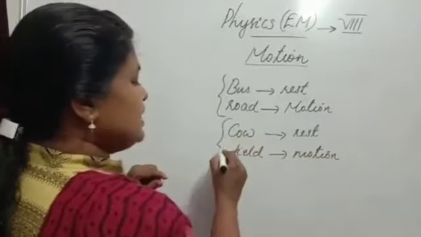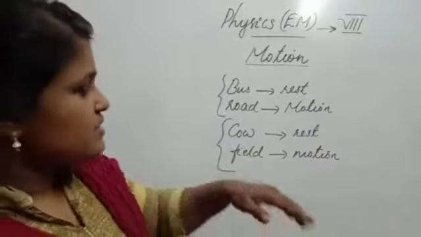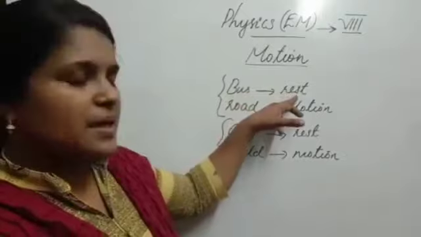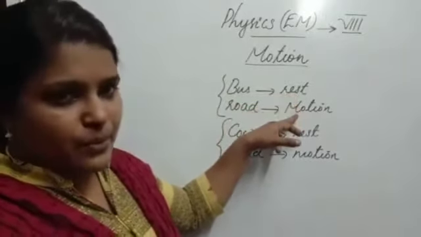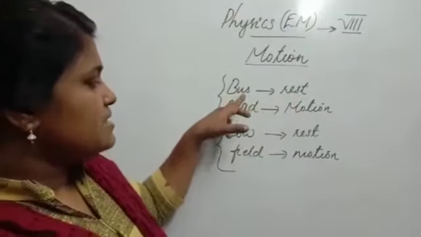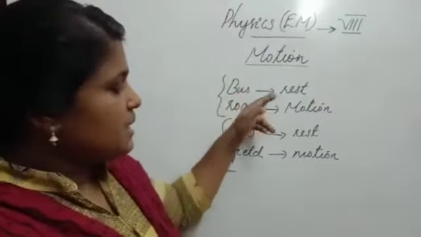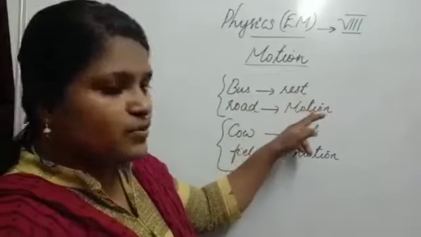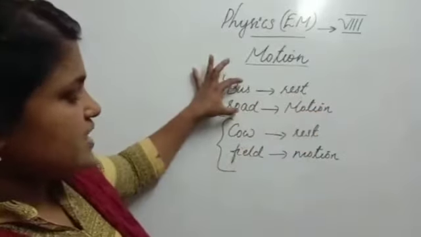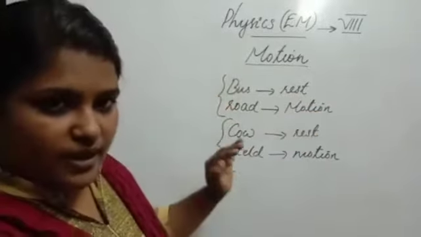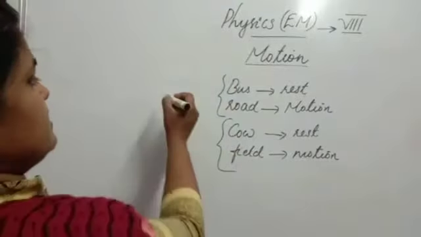So, in the two cases, we use an object to describe the state of rest or motion. In the first case, bus and road are the objects we used to describe the state of rest and state of motion. So, these objects are called reference objects.